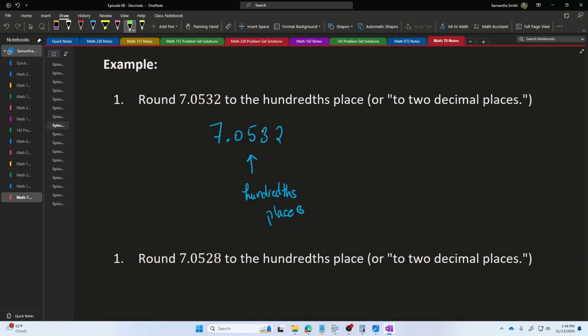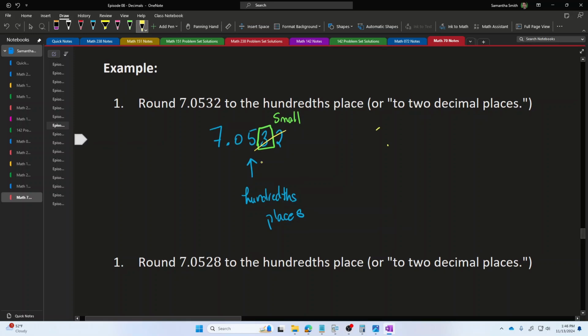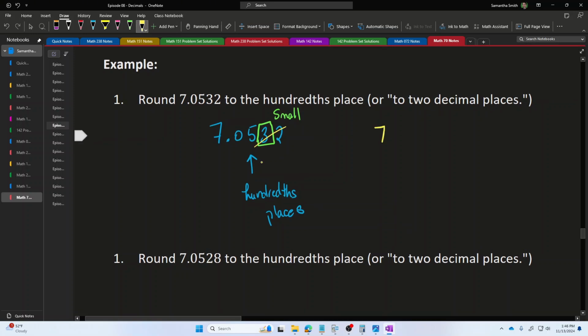Next, I'm going to go 1 step to the right of that and have a look at this digit, and that digit is 3. And that's quite a small digit, a digit between 0 and 4. Because that digit is small, I'm simply going to delete all of these digits to the right of the hundredths place, and I'm going to keep the digit in the hundredths place the same, and my final answer is just going to be 7.05.